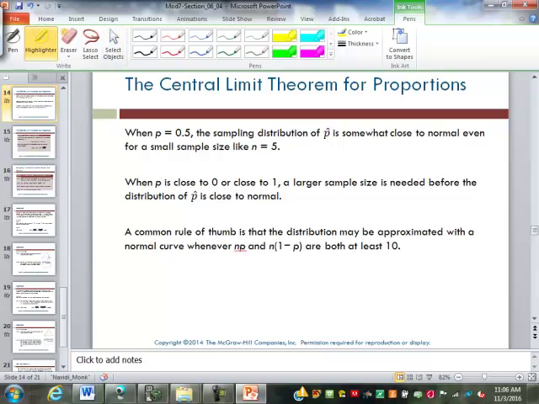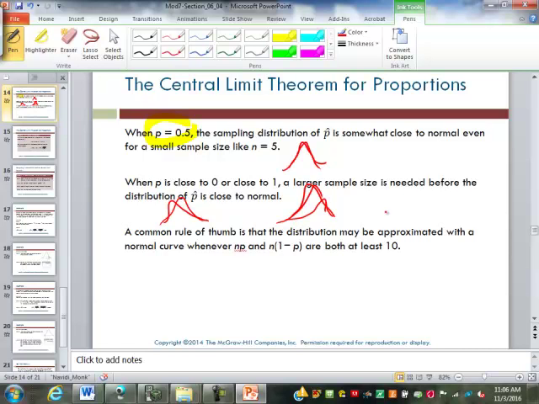So what this is saying is when p is 0.5, this distribution is going to be close to normal, even for really small samples. But if p is really close to 0, it's going to be really skewed like this, so we're going to need a larger sample to even that out into a normal curve. Or if p is really close to 1, it's going to be skewed like this. Again, we need a much, much larger sample to make that closer to the normal curve.